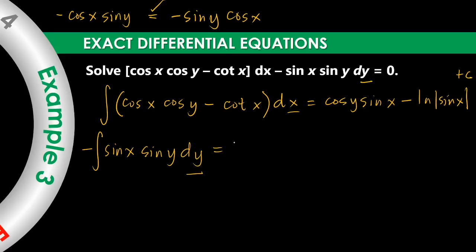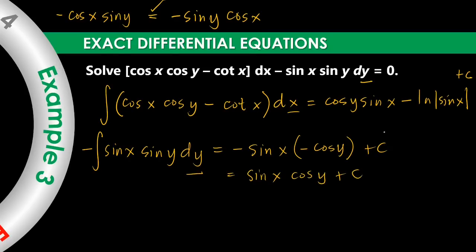So, sin x here would be a constant multiplier, no? And then, i-integrate mo yung sin y. Di ba pag in-integrate natin ang sin, negative cosine ang sagot. So, negative cosine of y and then plus c. Okay, so simplifying this, we'll get positive sin x cosine y plus c.